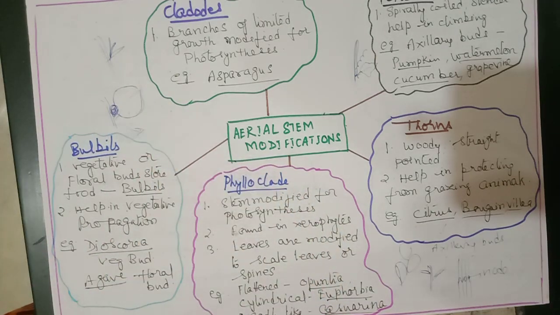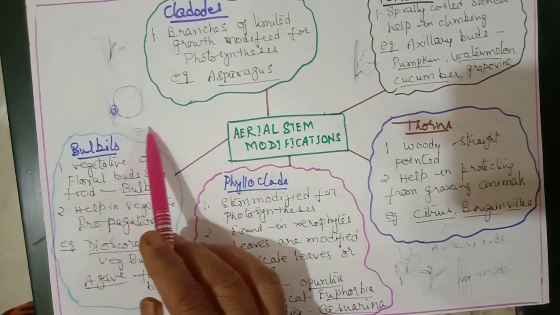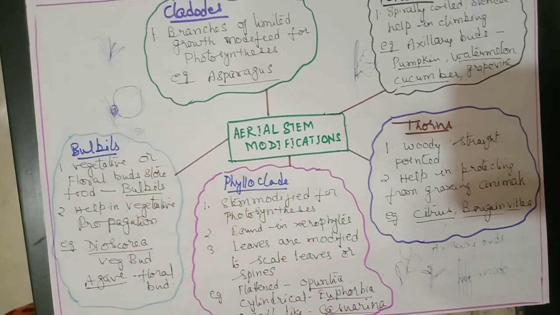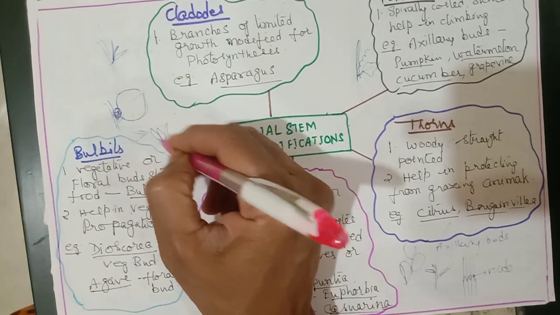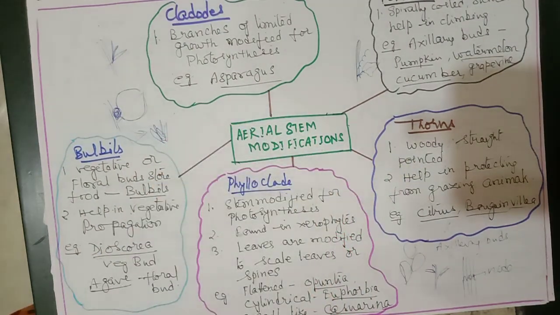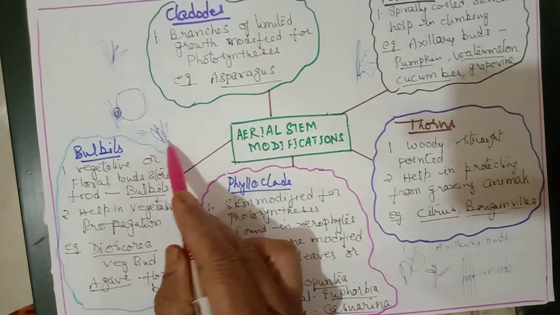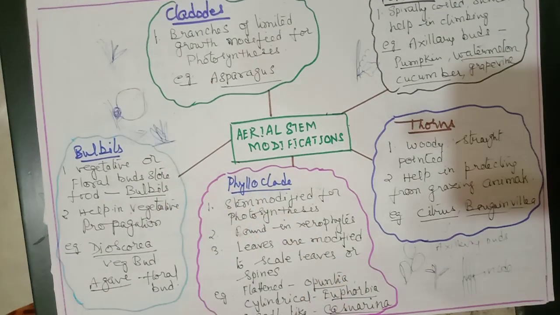It will start developing adventitious roots and give rise to a new plant. Similarly, in agave it is the floral bud which can help in vegetative propagation. A small floral bud will develop, and when it gets detached from the main plant, it can give rise to a new plant.